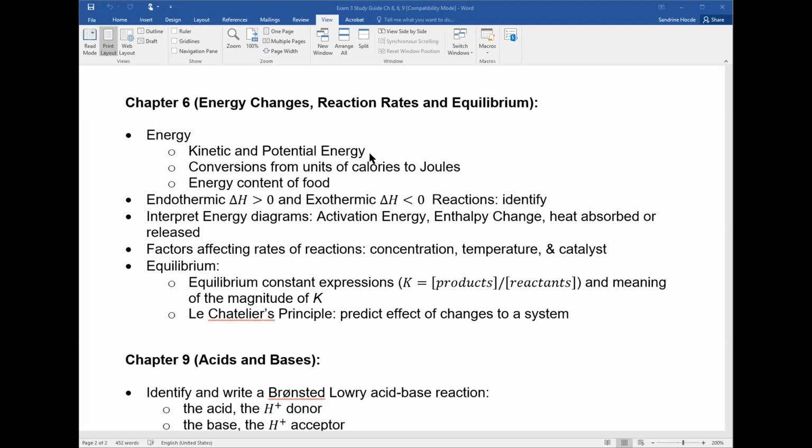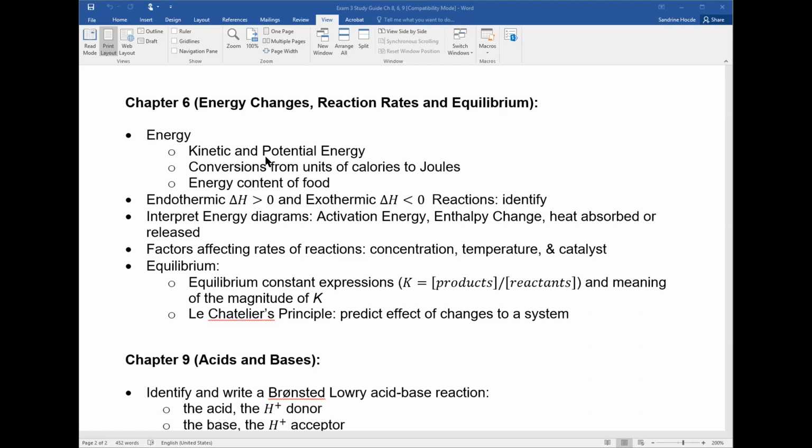Potential energy is energy due to position. That can be due, for example, to a higher elevation. A position that is higher up will have more gravity pulling on it. So that will give it energy, and that would be a potential energy, for example.